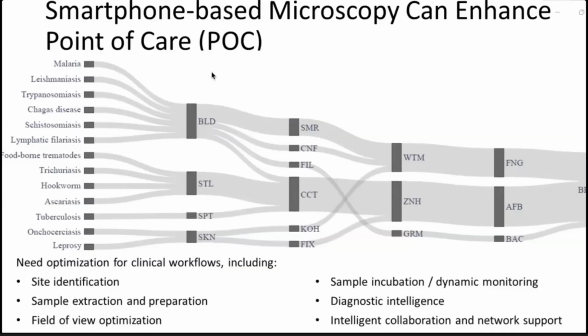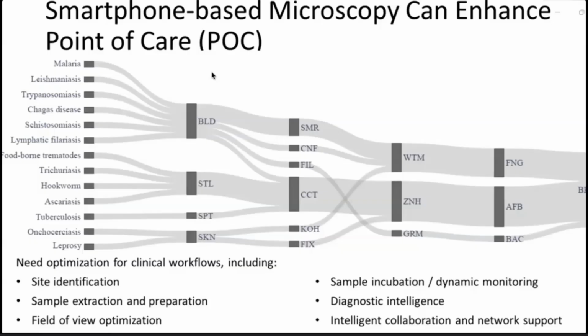Some of the elements of those workflows include site identification, sample extraction and preparation, field of view optimization, sample incubation, diagnostic intelligence, and collaboration. One example is the very famous now OpenFlexure microscope, which is a 3D printed microscope that has a lot of these capabilities, including things like diagnostic intelligence, collaboration, and network support.